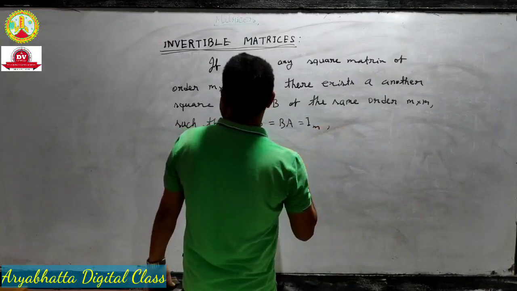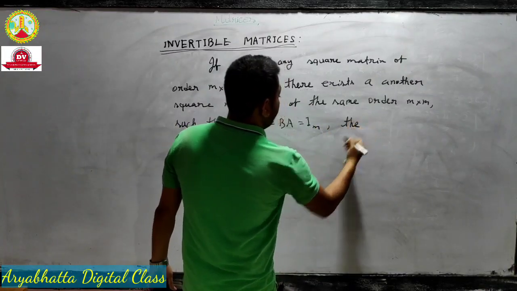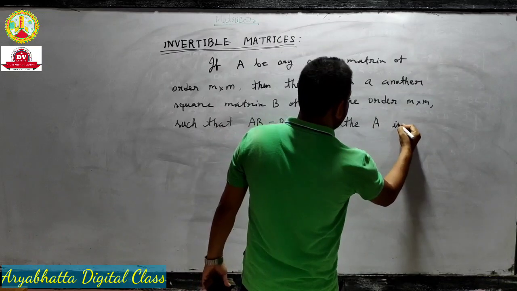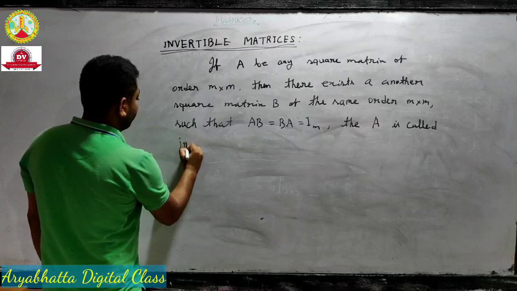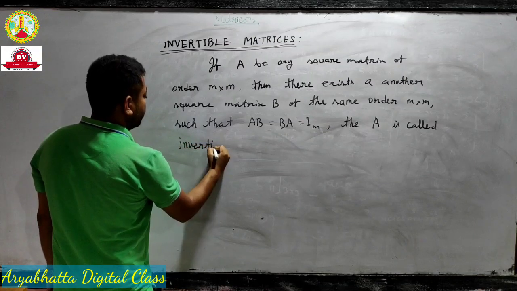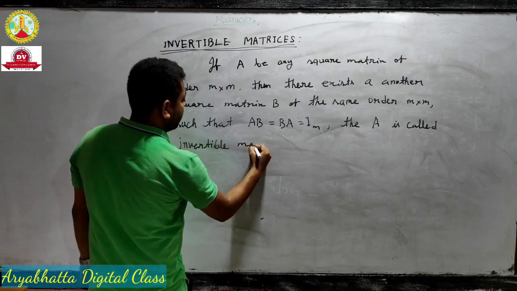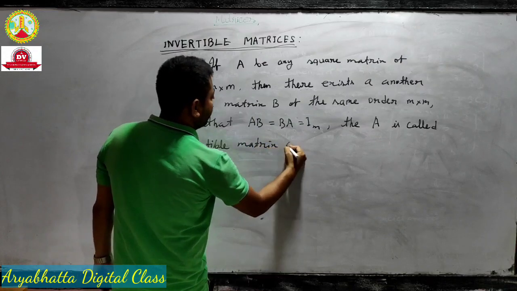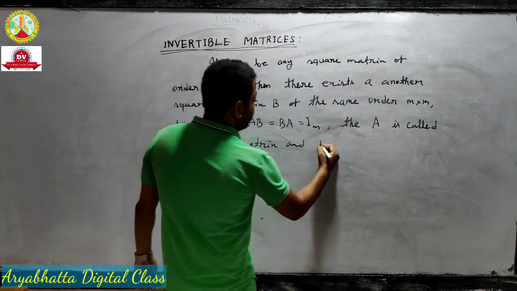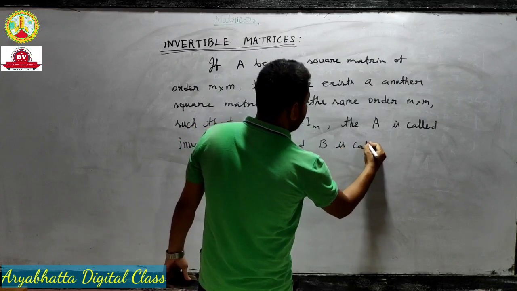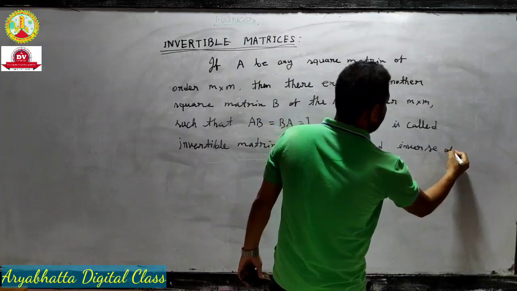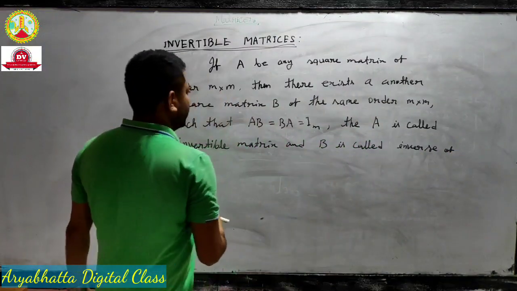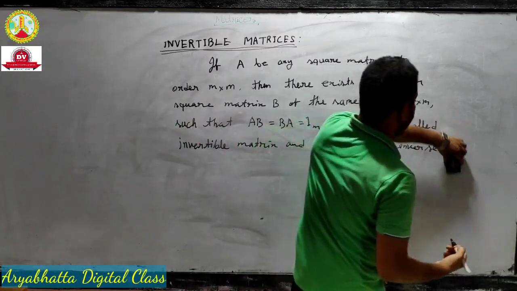Then A is called an invertible matrix, and B is called the inverse of A. It's called the inverse matrix.